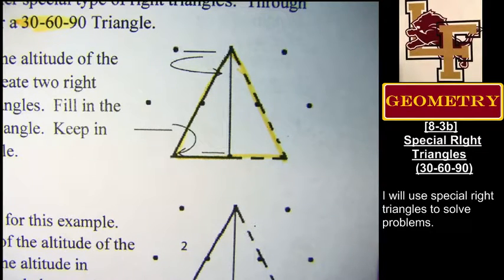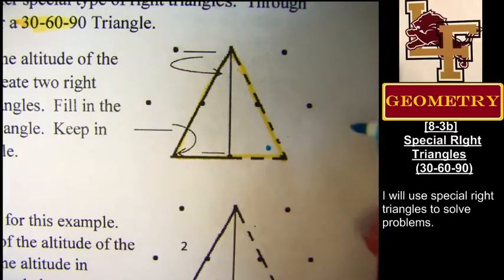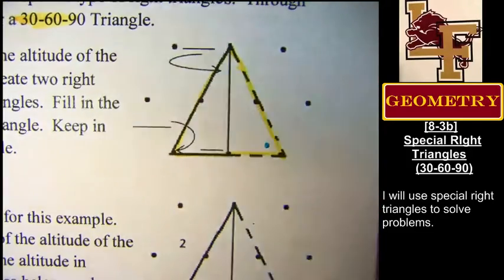Okay, all the angles equal 180. And if all the angles equal 180, what does each individual angle have to equal? 60. Yeah, 60. Good. So that means that this angle here is 60, and this angle here is 60.